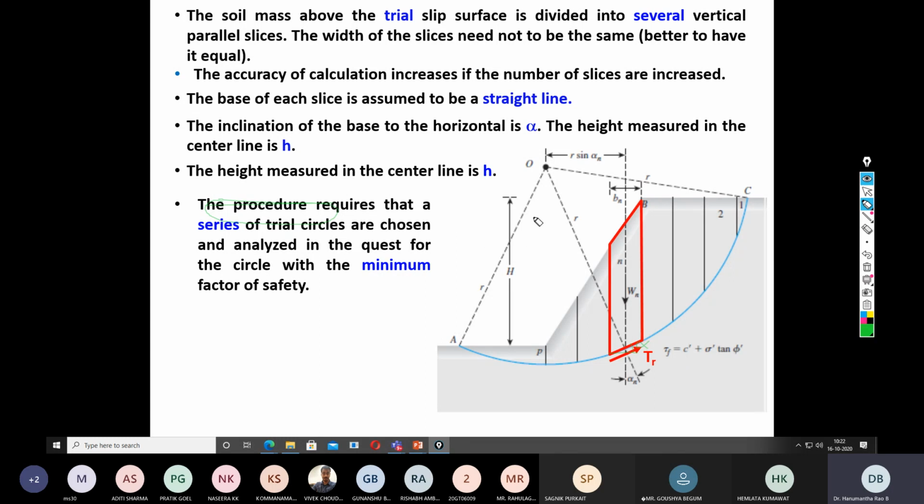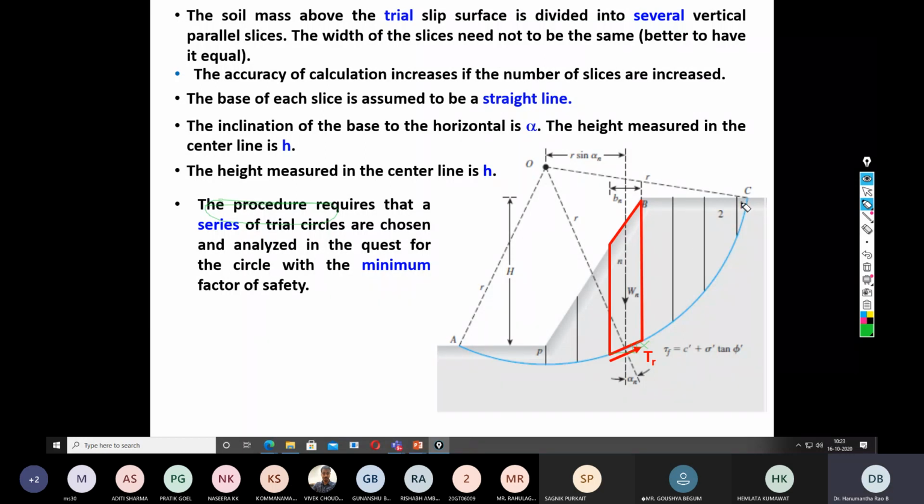Now another complexity we can see here. As I told you, in the mass procedure we considered the entire area ABC as a single mass, that is, a single weight. But when you resort to the method of slices, where you divide the given slope into many slices, you can see it is evident here.